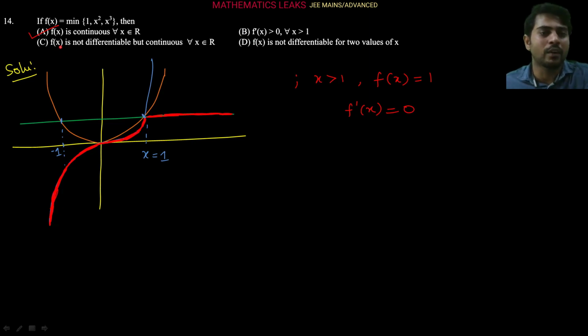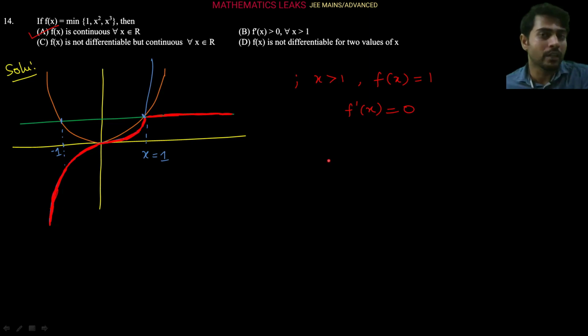Now let's come to the C option. It says f(x) is not differentiable but continuous for all x belongs to R. From here, this is continuous already. Now, not differentiable: a function cannot be differentiable at a point where the function has any kind of break, gap or corner.